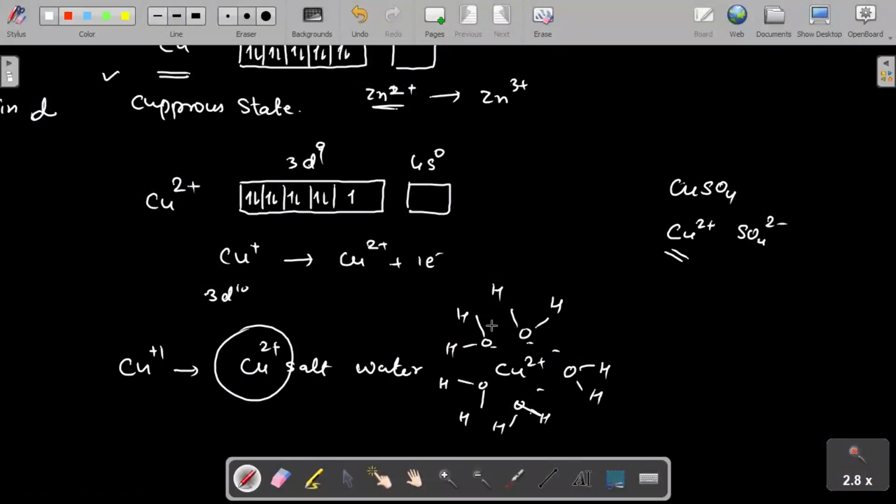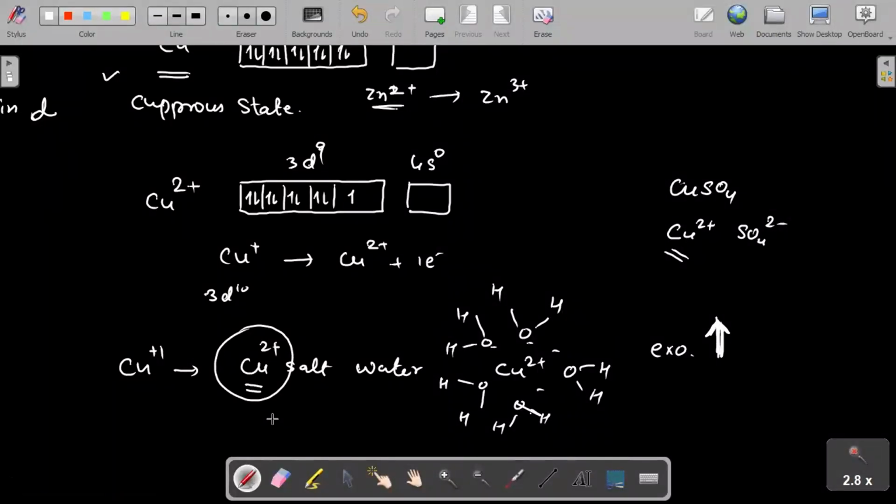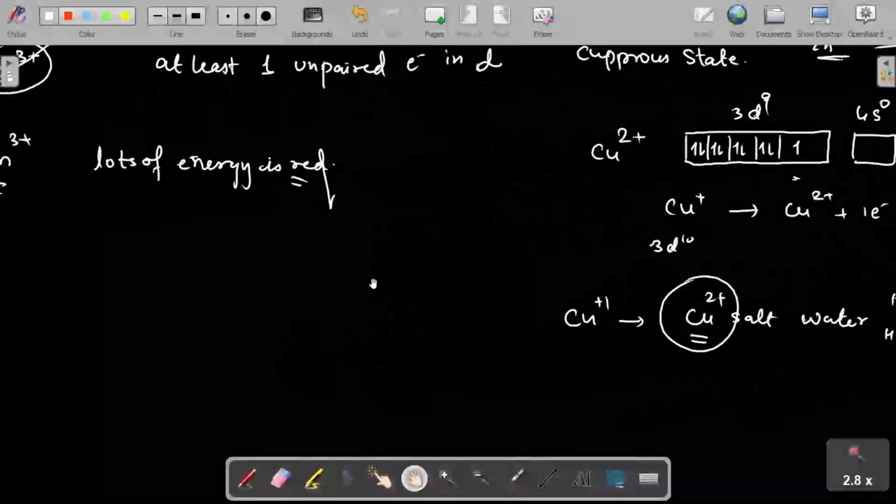So this hydration is exothermic. The energy released here is so high that it compensates the ionization energy. This high energy can be used to take out an electron from the 3d10 configuration of copper. So this is how the copper +2 ion is formed. But in case of zinc, this is not possible.